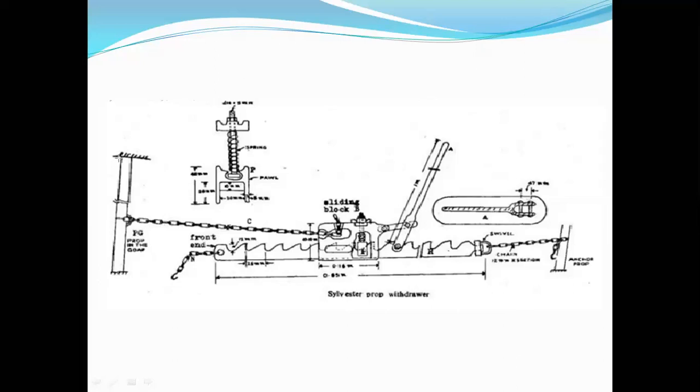Okay, let's say this is the prop. This prop I wanted to withdraw. Okay, and now the operation of the Sylvester prop withdrawer has to be carried out by staying on the safe side. So now one end of the prop withdrawer is being attached to one anchor prop. This is called anchor prop. It is being attached by means of a chain.